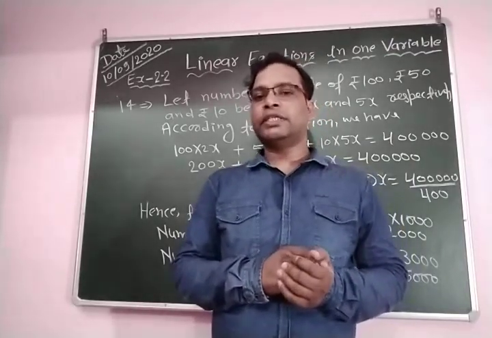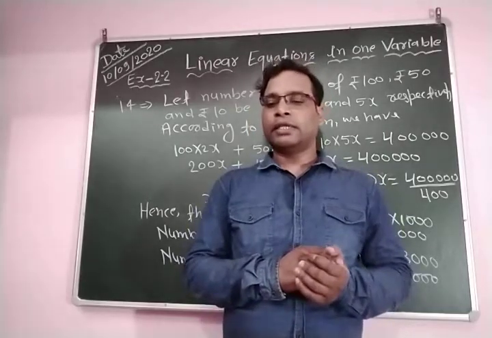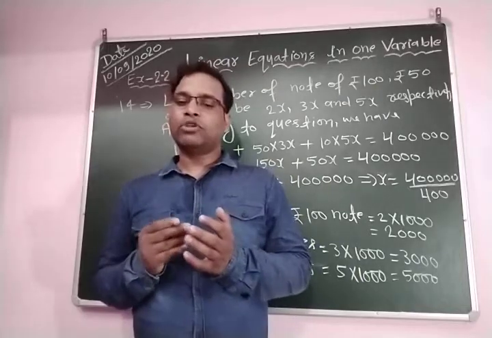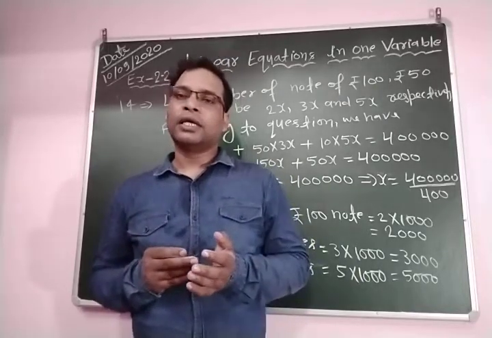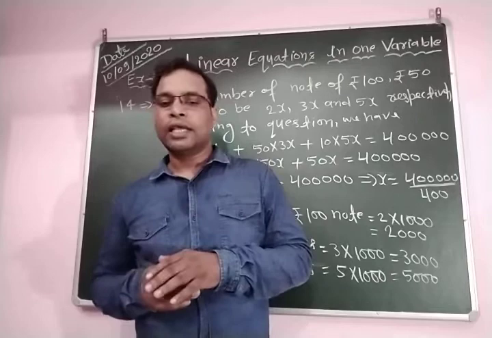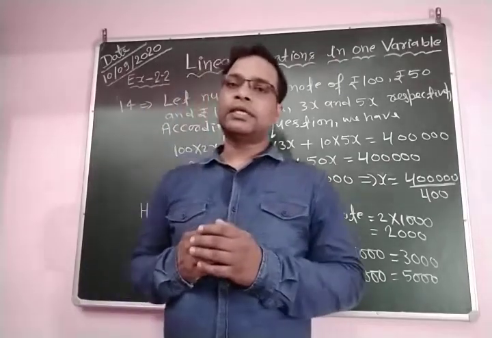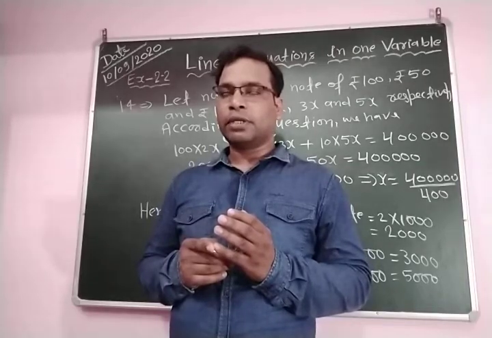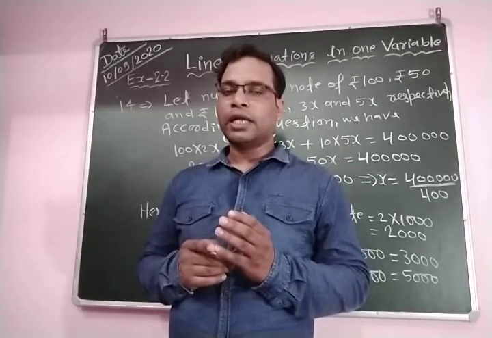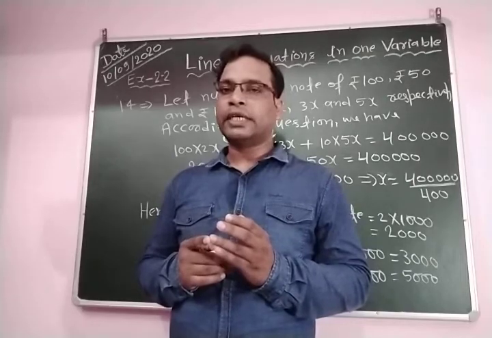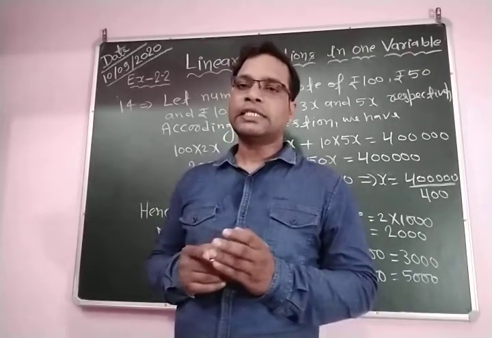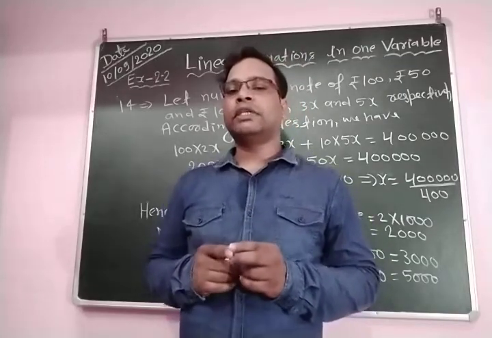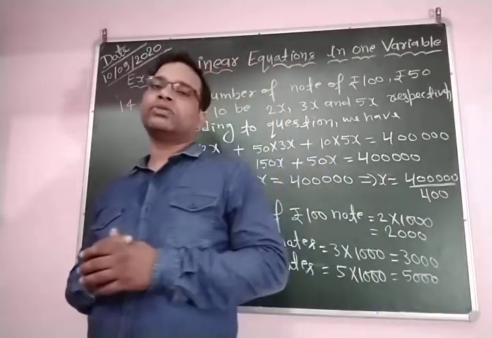The total sum of money is 300 rupees, and we let the number of 5 rupees coins be x. So what is the number of 2 rupees coins? This is 3 times x, so 3x. The total number of coins is 160, so the number of 1 rupee coins is 160 minus (3x plus x).